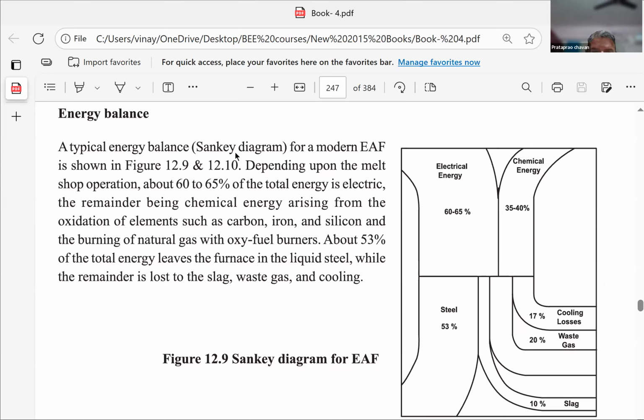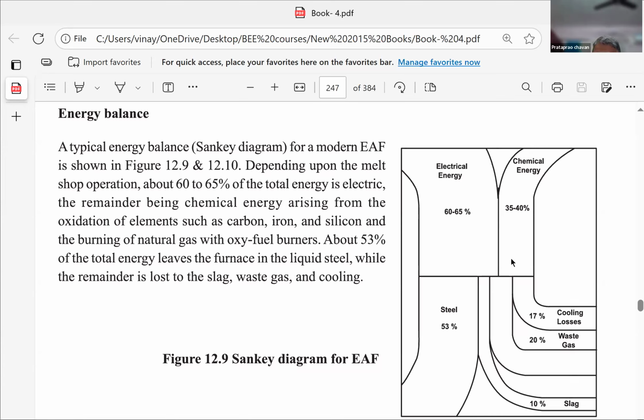Now, this is a Sankey diagram for a modern EAF furnace. Depending on the melt shop operation, about 60-65% of the total energy is electric. The remainder is chemical energy arising from the oxidation of elements such as carbon, iron, silicon, and the burning of natural gas. So the energy put in is about 60-65% in electrical form.